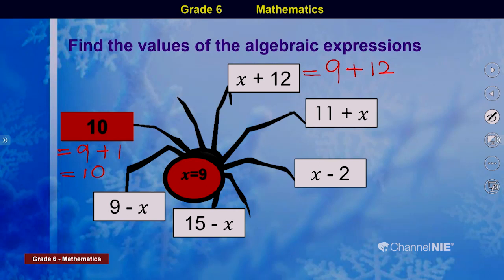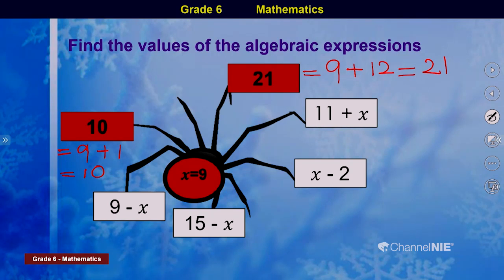I get a numerical expression. I can simplify this numerical expression further. 9 plus 12 is 21. Okay, we got the correct answer for that also. Shall we move to the next one?